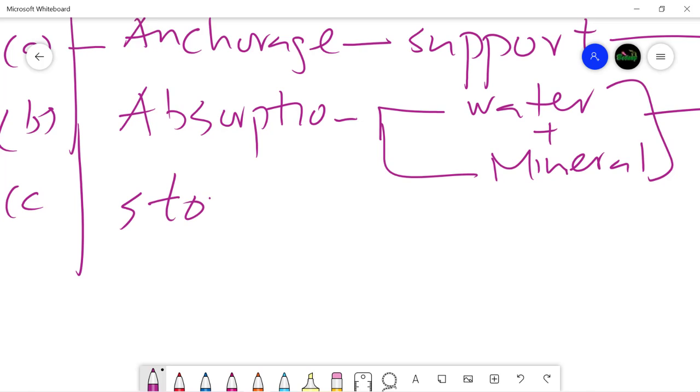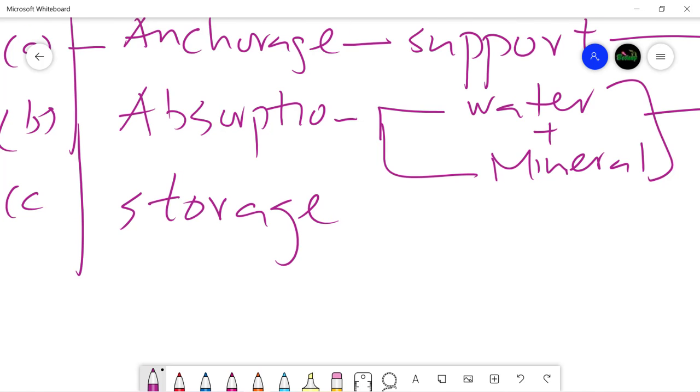Now this function is performed in two ways. One is a normal function of the roots, a plant, a tree, a shrub, or a herb, whatever the case might be. The synthesized food, a part of it is stored in the roots for later use. So roots also store food regularly in almost all plants.